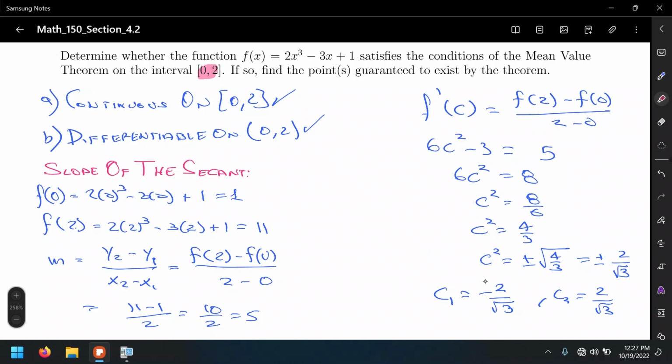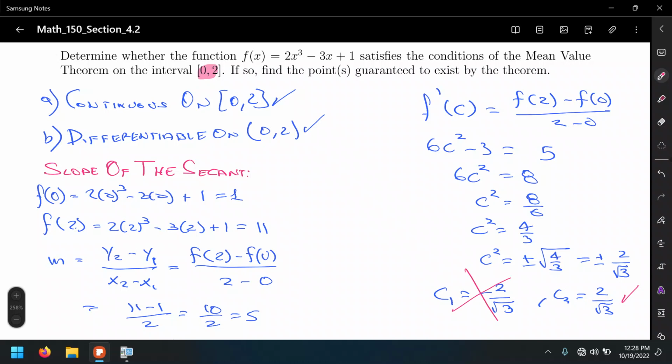Is the first solution contained in that interval? No, so we need to ditch that solution. Is 2 over root 3 between 0 and 2? For sure. So this is the value for which the slope of the secant within these two points is exactly the same as the slope of the tangent at the point 2 over root 3. All right, so that's the mean value theorem. So this is the mean value right here.